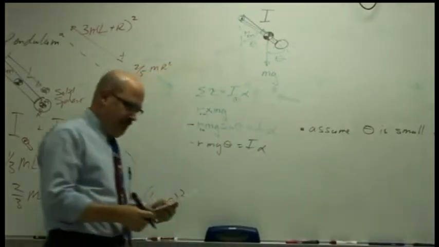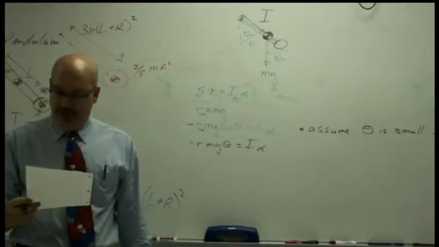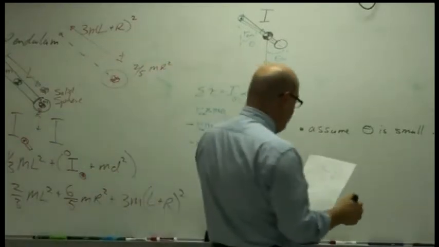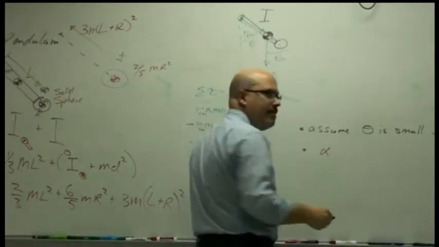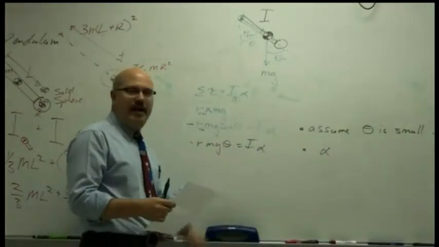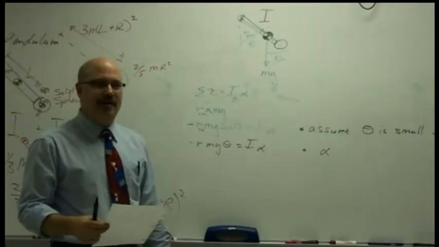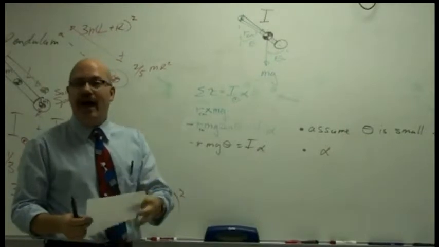Assumption number 1. Now we're to the, do you remember stage? All right, what is alpha? A over R. What's alpha in terms of theta? That's a good question, because remember, we kind of did this when we did drag, right?